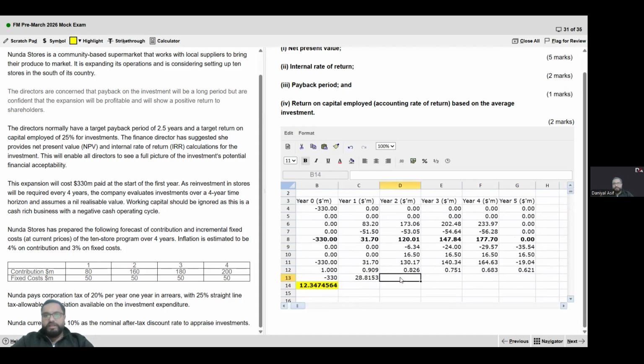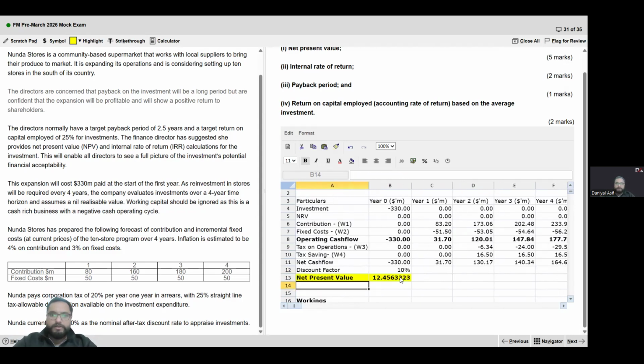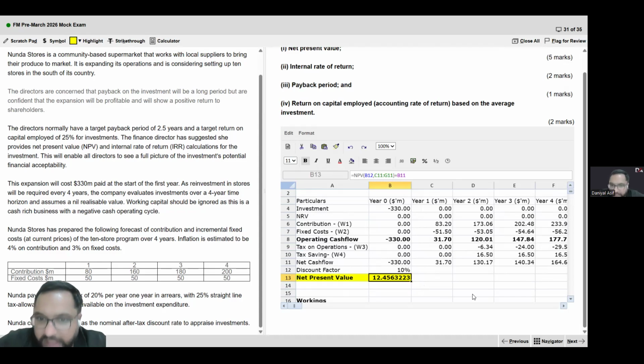What we got previously was 12.45. Now, which one was easier? Applying the formula.